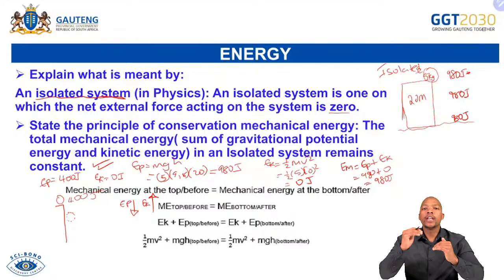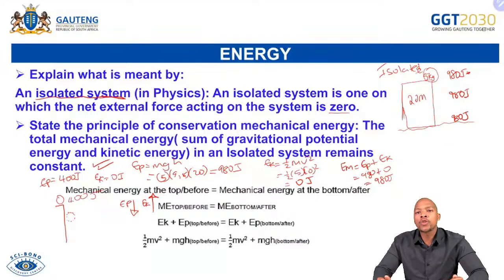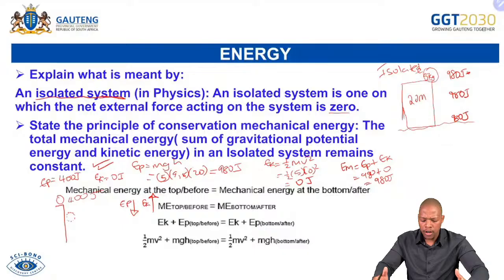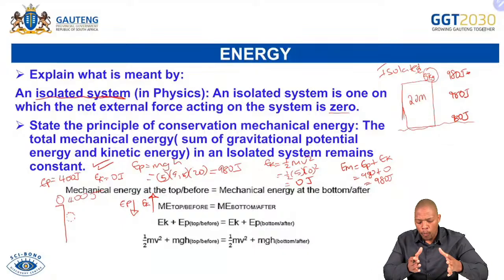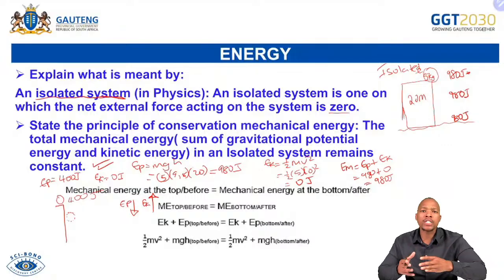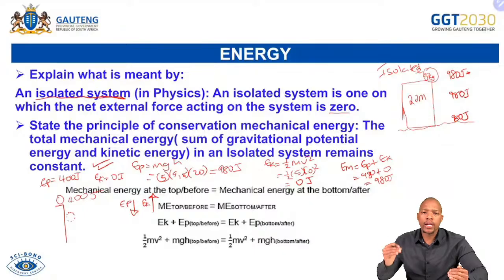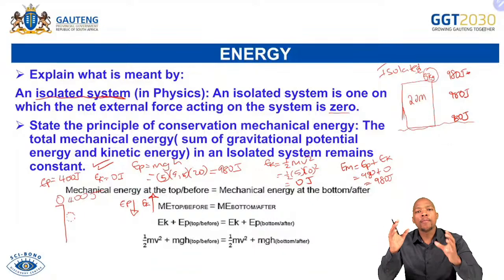Will increase. You remember that we used to say energy cannot be created nor destroyed. It can only be transferred from one form to another, or converted from one form to another. So what is happening here is that the gravitational potential energy is being converted to kinetic energy. So the gravitational potential energy will decrease, the kinetic energy will increase. However, the mechanical energy will remain the same.